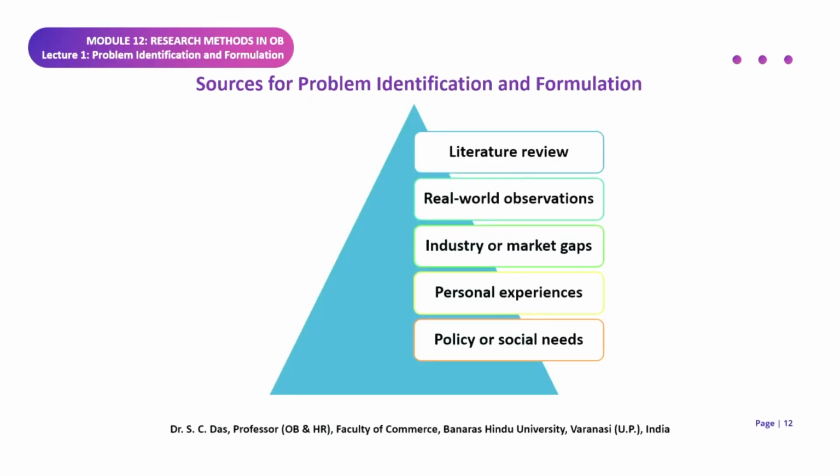Real-world observation is a very important thing: industrial market gaps, personal experience, policy or social needs, what societies are basically demanding. Now see, in the post-pandemic era, HR practice is very important. If we talk about HR practice, what would be the more important topic of research?